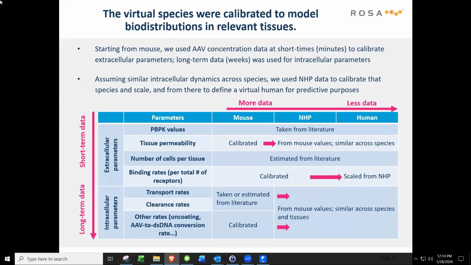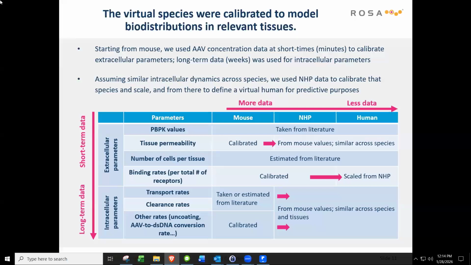If we look at the rows instead of the columns, on the top we have short-term data here in pink, and this corresponds to extracellular parameters. We can use short-term data to define, for example, what happens in the first minute or first 2 minutes, to calibrate parameters that are related to what happens in the beginning of the process, like PBPK values or tissue permeability.